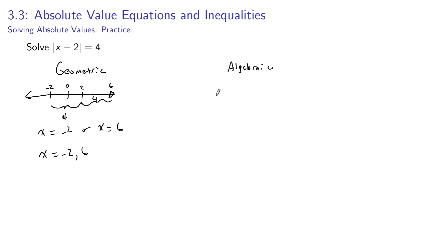To do this algebraically, we remember the definition of absolute value. From the definition, we can write 2 possibilities.